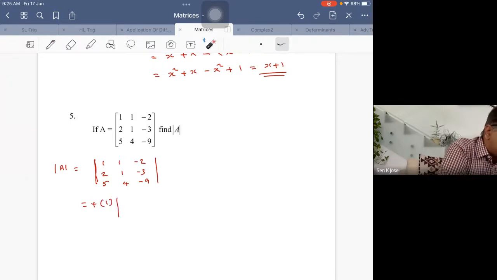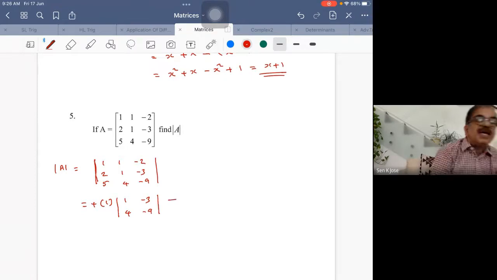What is the minor of the element 1? Delete the row and the column it belongs to. Then you can see 4 different numbers there and that will form its minor: 1 minus 3, 4 minus 9. Then the next sign is always minus. It's plus, minus, and then plus.